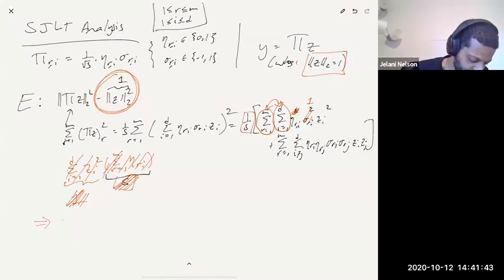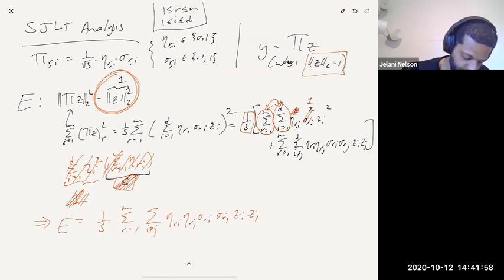So this implies that E is equal to 1 over S, sum r goes from 1 to m, sum i not equal to j, of eta ri, eta rj, sigma ri, sigma rj, zi, zj. Okay. Sounds like a mouthful, I know, but that's what it is.